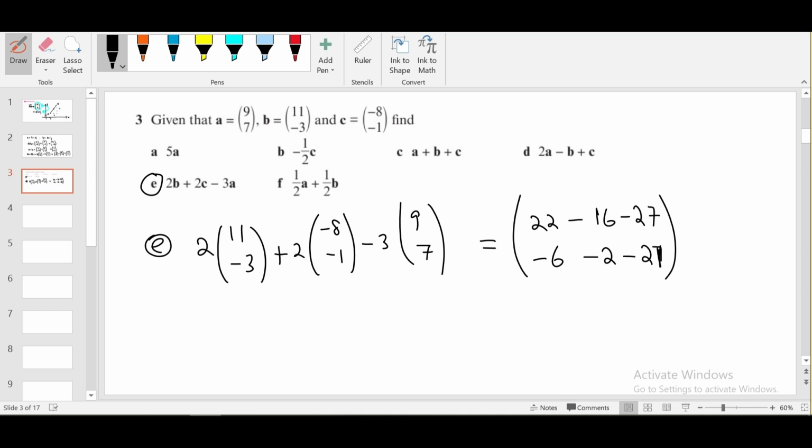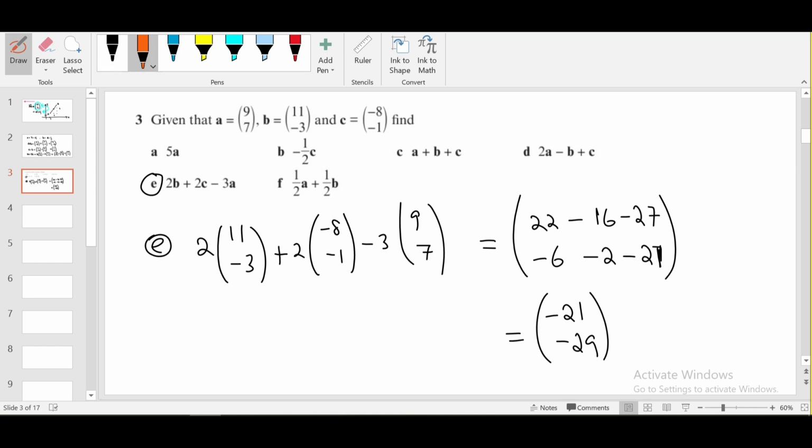You just multiply. So 22 minus 27 is minus 5, I think minus 21. Here all the numbers are negative, so it's going to be minus 23, minus 29. Copy that. Okay, minus 21, minus 9.